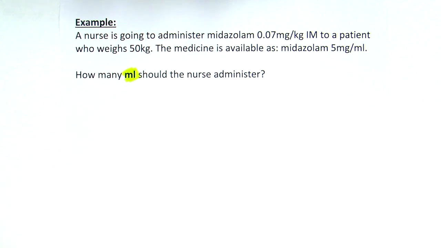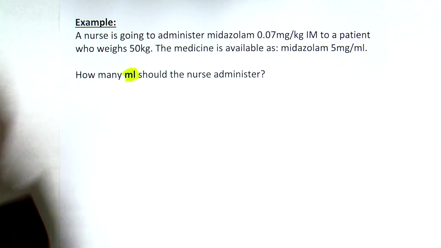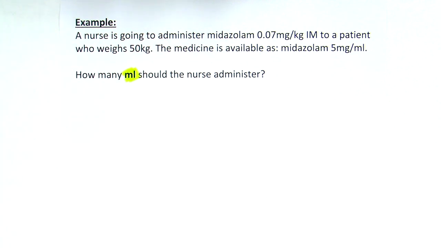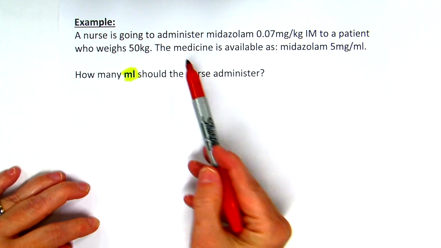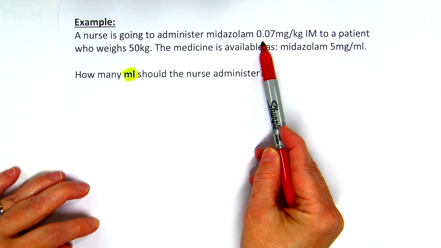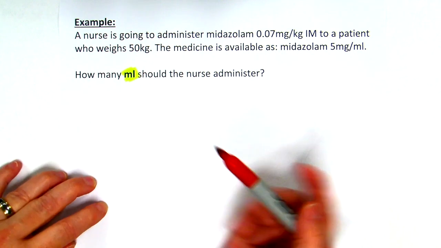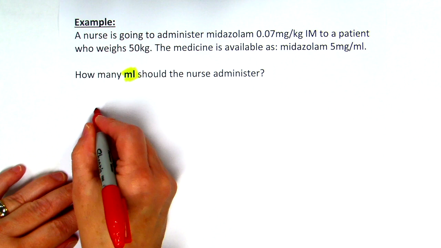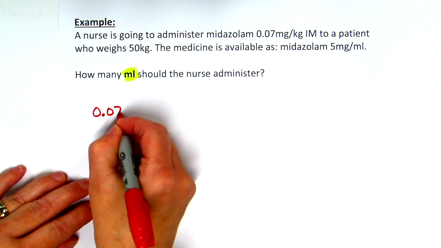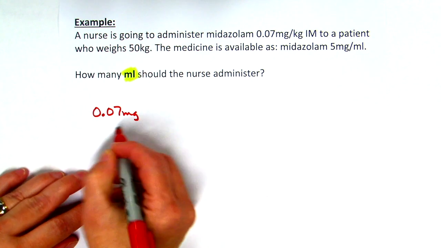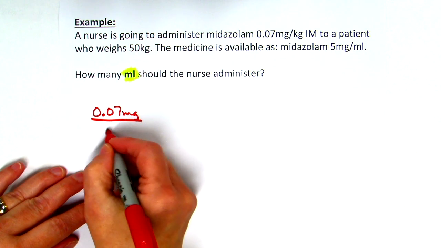Probably the easiest way to do this is to start with whatever is ordered. The order was 0.07 milligrams per kilogram. So that's what I'm going to write down first: 0.07 milligrams over kilograms.